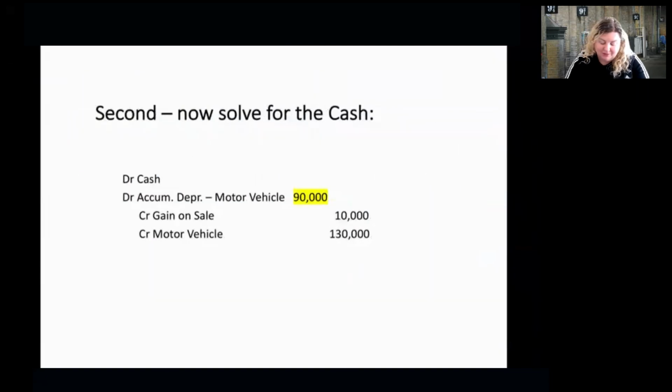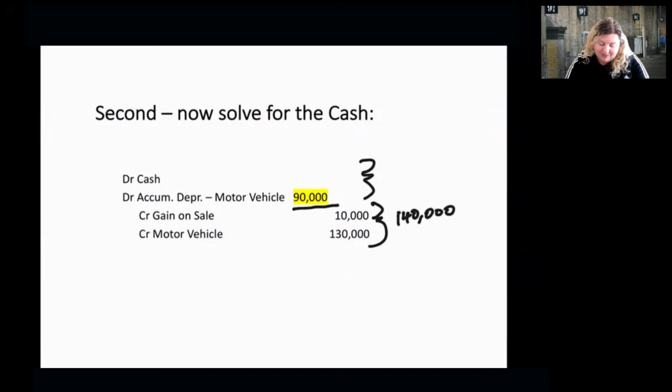Here we go, we've put in 90,000 accumulated depreciation written off. We can now solve because the credits should be equal to the debits in this journal entry. So the gain plus the original cost of the motor vehicles comes to 140,000.